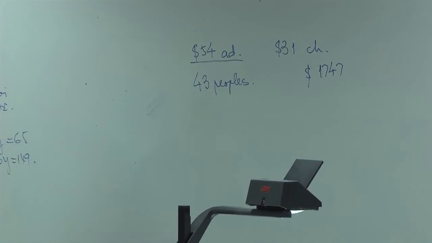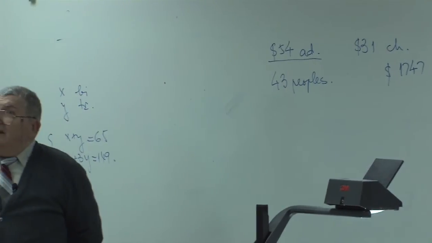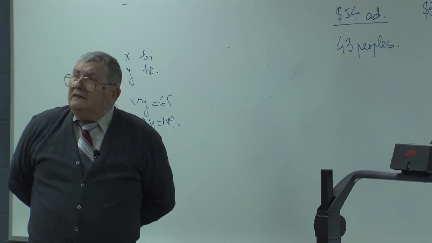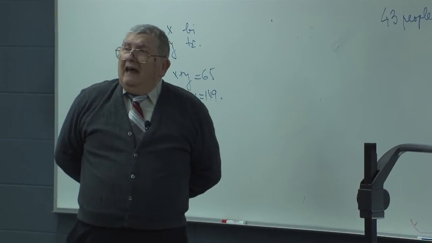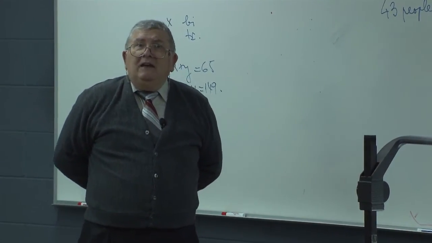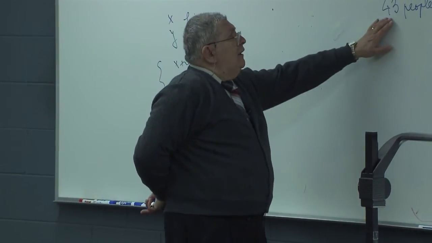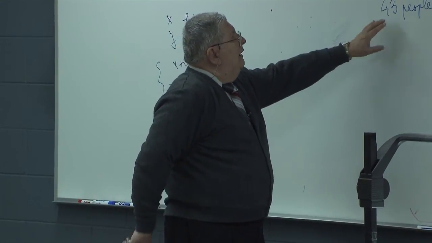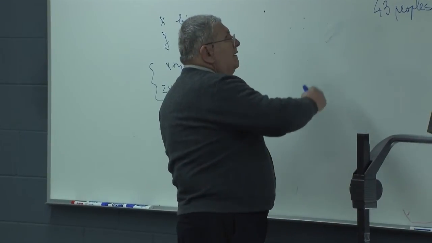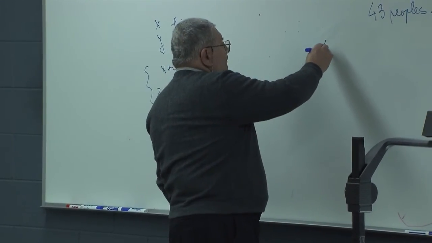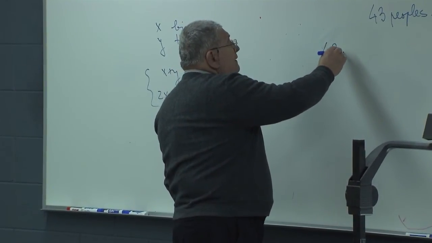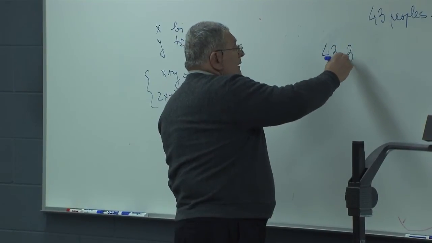The same. Let's suppose that the trip was made only by children, that all 43 people were children. Then how much did they pay? They paid 43 times 31.